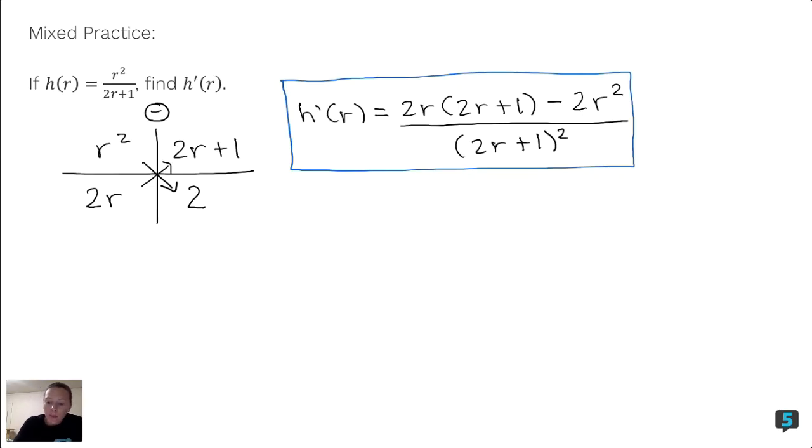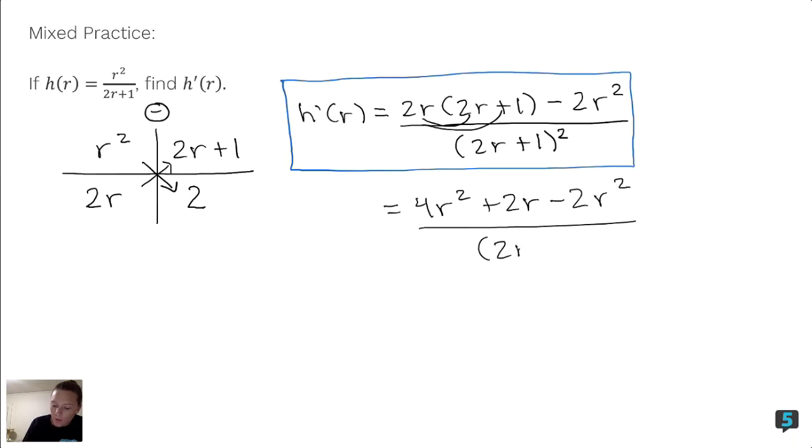In an example like this, where your teacher might want some minimal simplification, we could go ahead and distribute and get 4r squared plus 2r minus 2r squared over that quantity 2r plus 1 squared. We'd have some like terms now that we can combine.